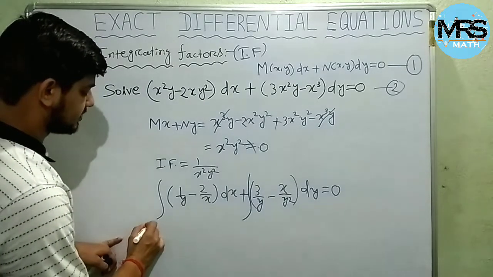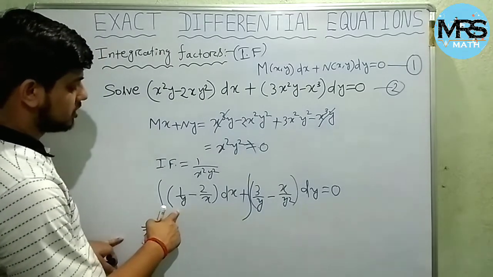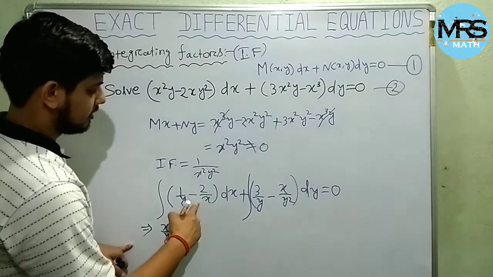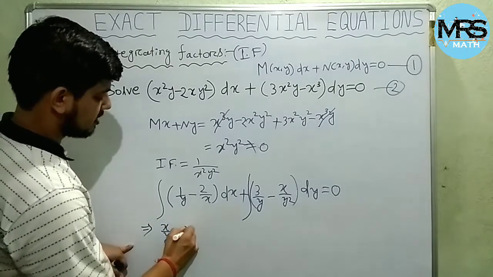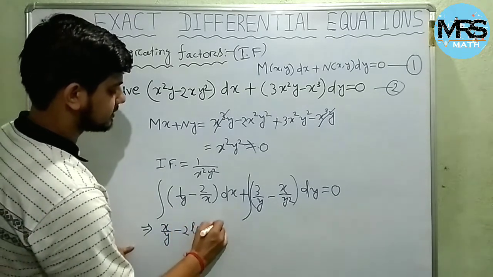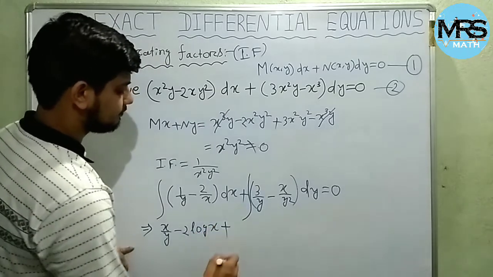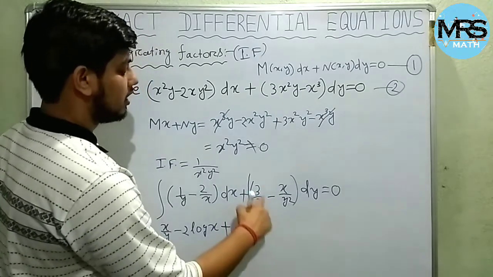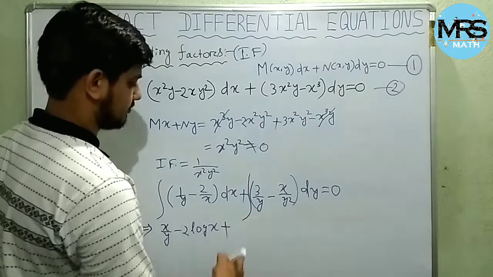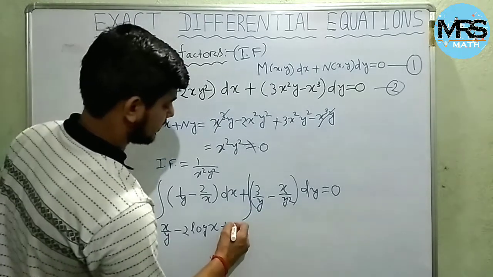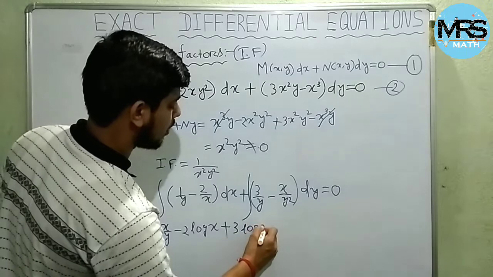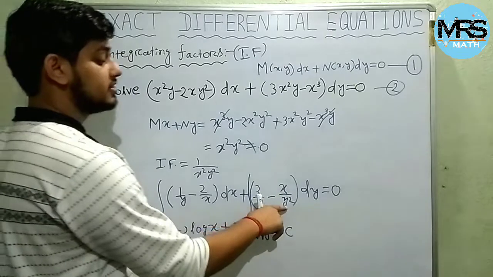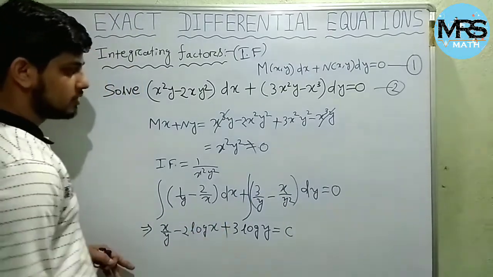So here y is constant, so you will get x by y, and here it will be minus 2 log x, plus here 3 by y, this one only we will consider because this term is not involving any x term. So 3 log y equal to c. And this one we will not consider because this term involves x.